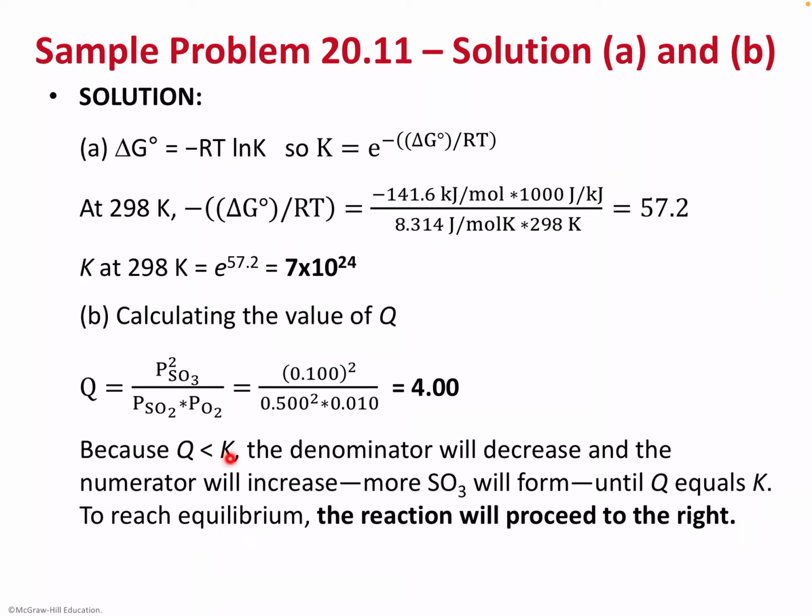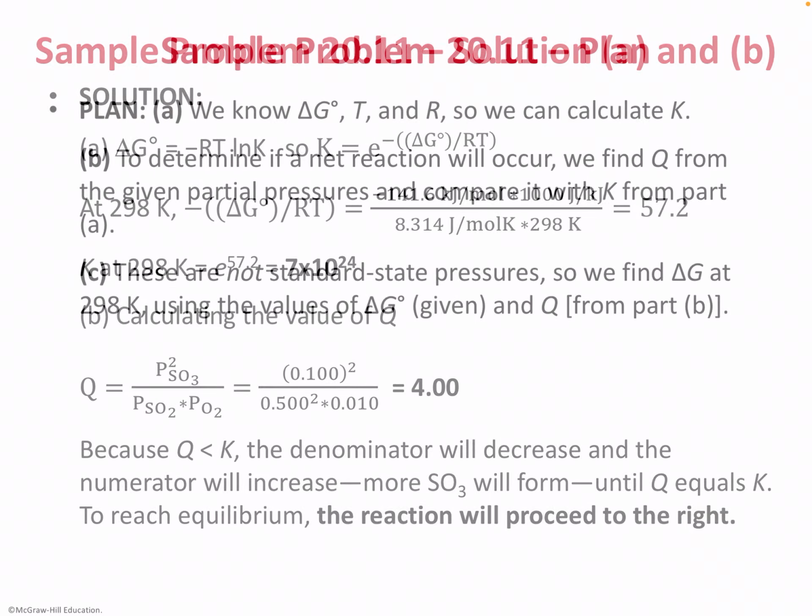Because Q is less than K, the denominator will decrease and the numerator will increase. So more sulfur trioxide will form until Q equals K. Since it has not reached the equilibrium, the reaction will proceed to the right.